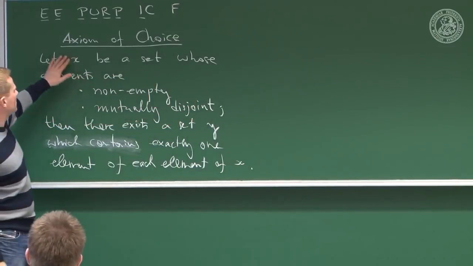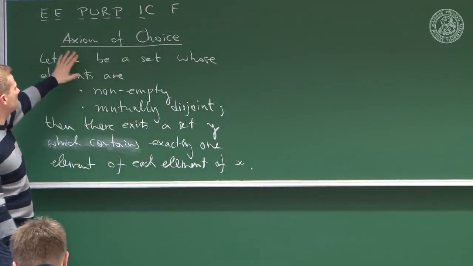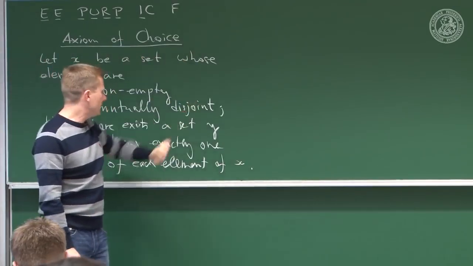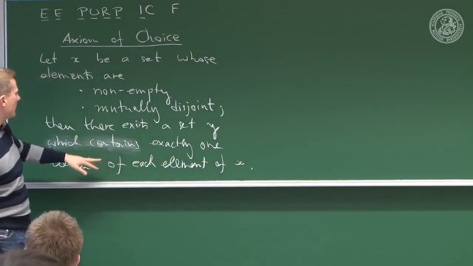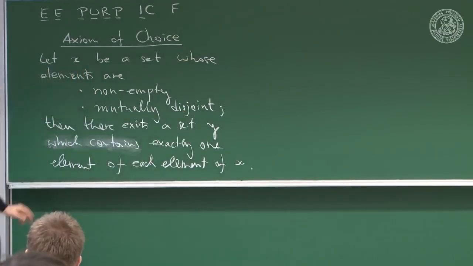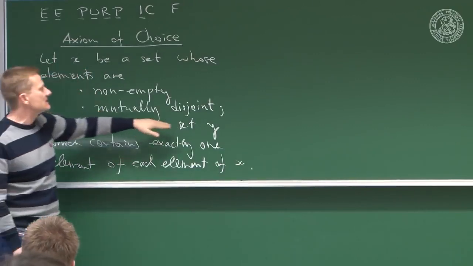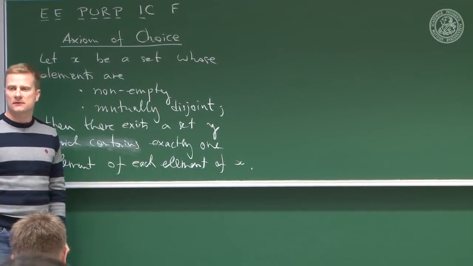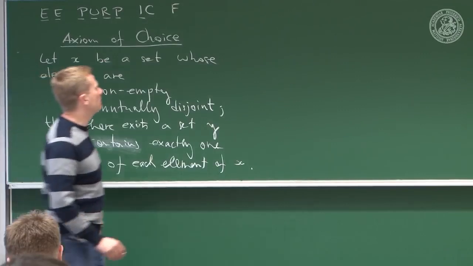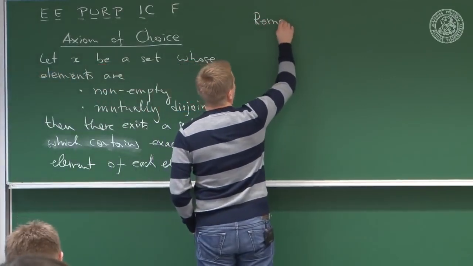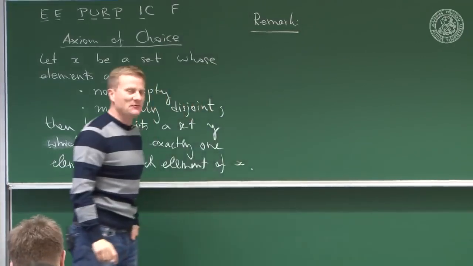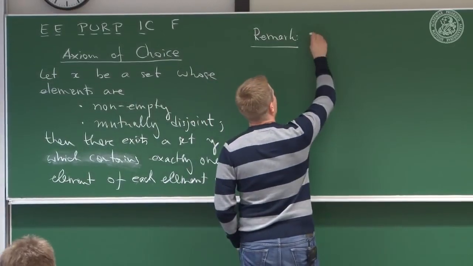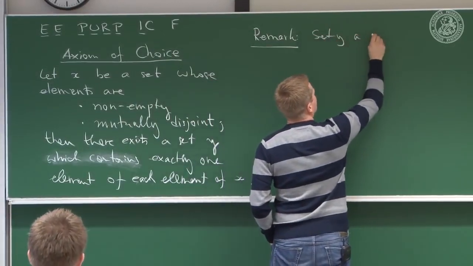So intuitively speaking, you look at the elements of X, which are all sets, what else? And from each of these sets, you pick one element. And you collect them all into the set Y. And all the axiom of choice guarantees you is that there exists such a set that contains exactly one element of each element of X. Now, an important, or at least somewhat clarifying remark is that sometimes people call this set Y a dark set.